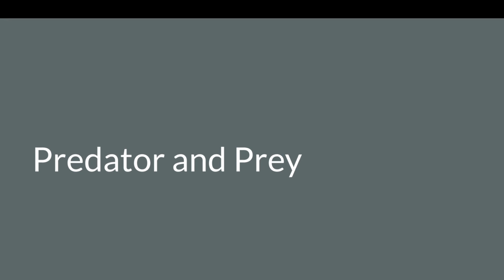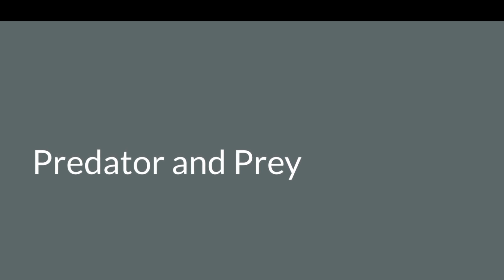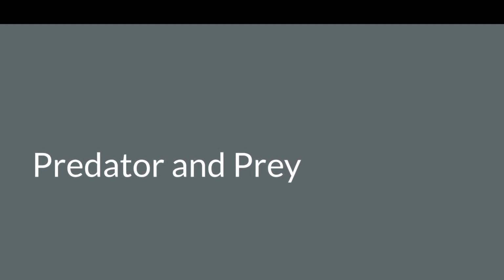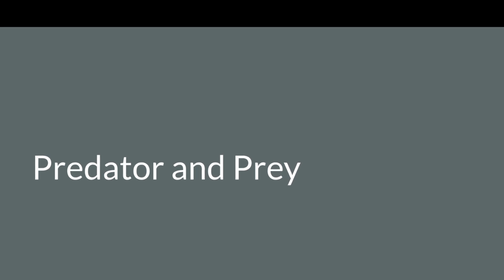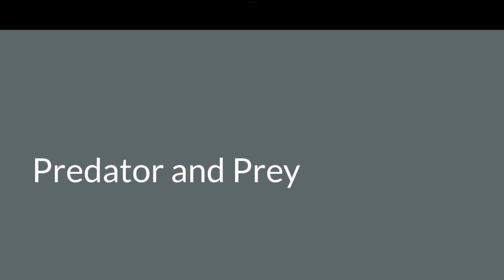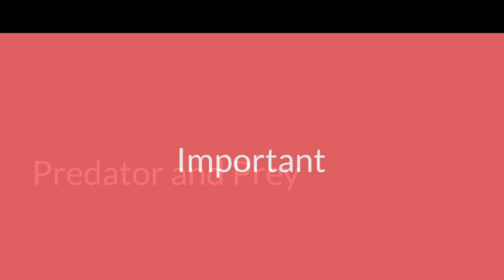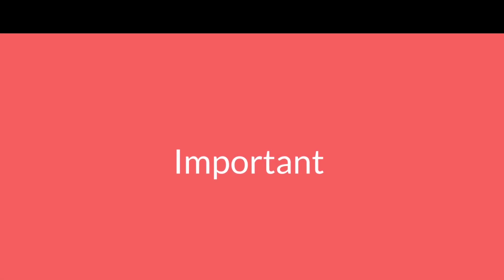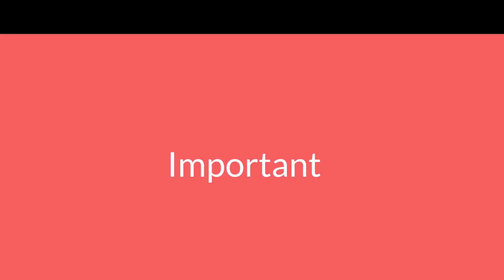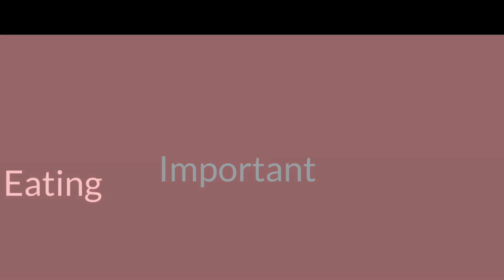Their predators, what eats snails, are smaller mammals like mice. Snails are important to the ecosystem overall because they are a food source for those small mammals, like I said before, which are mice and others.